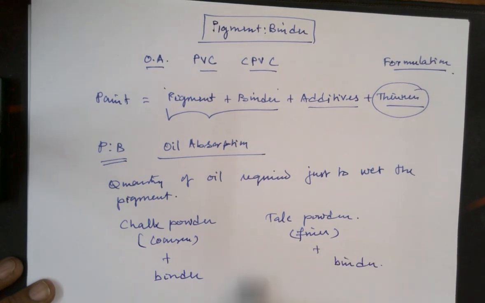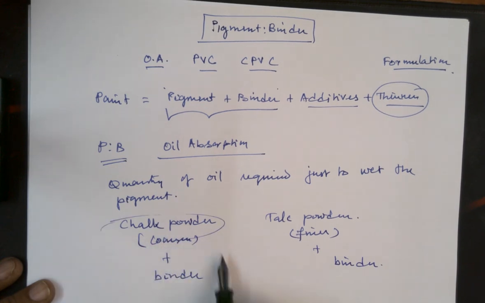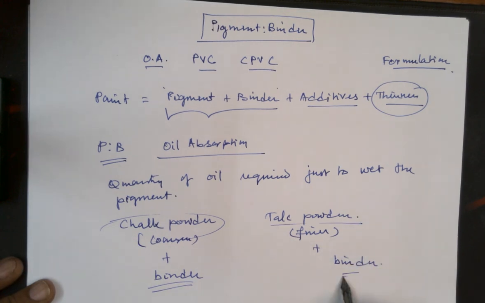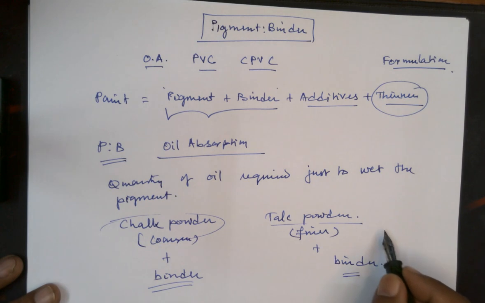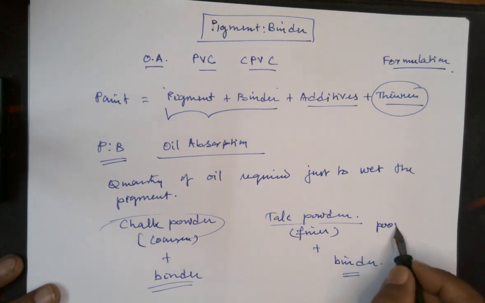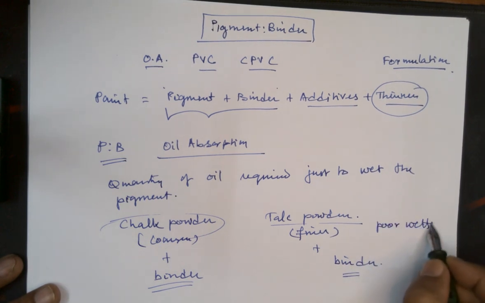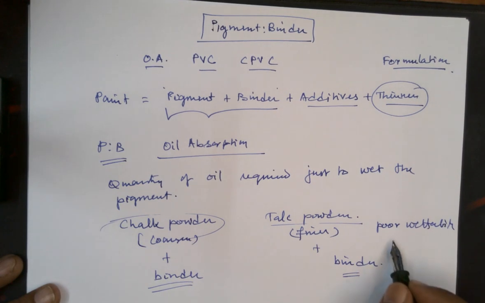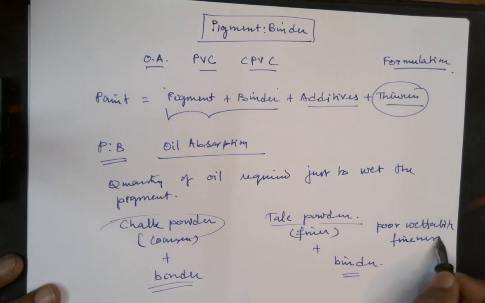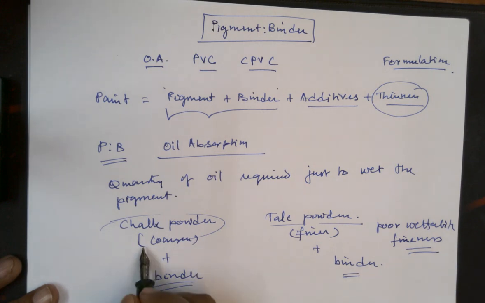It would be easy to wet the chalk powder with a certain amount of binder, but wetting the talcum powder is a tough job because of poor wettability. Why this poor wettability? Because of the degree of fineness, the particle size is very fine. In this case, it is coarser.